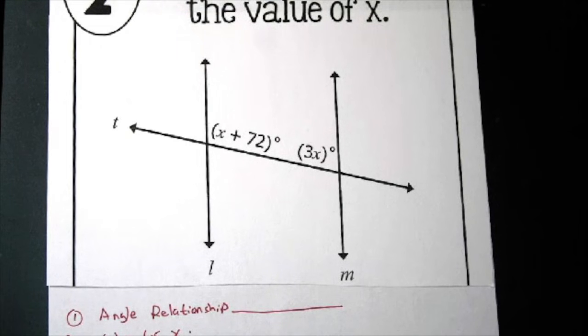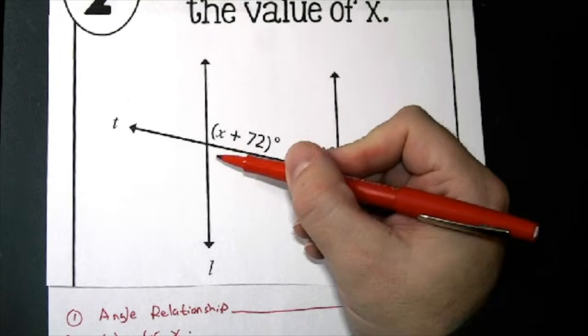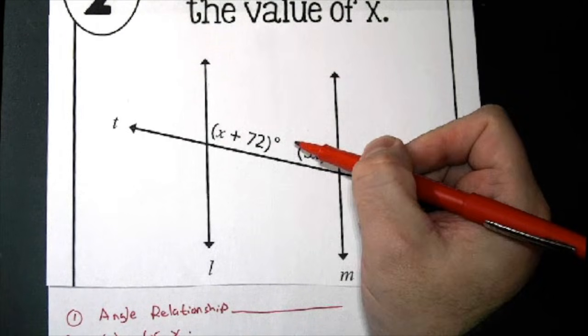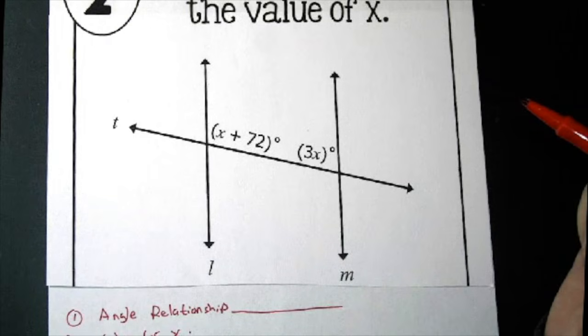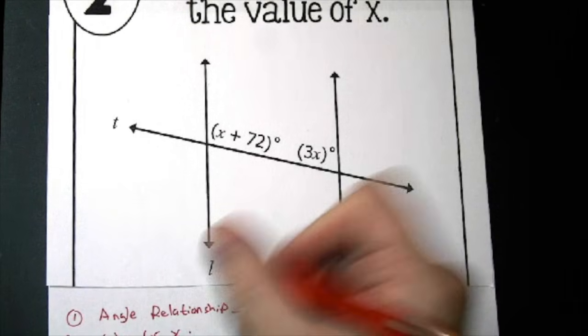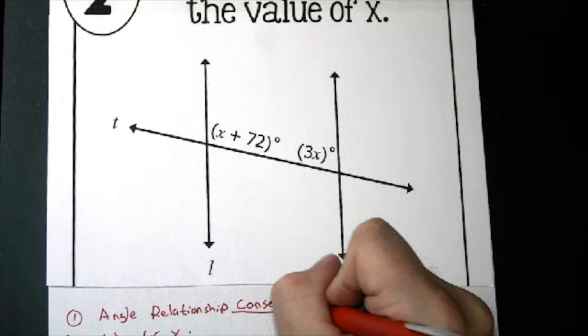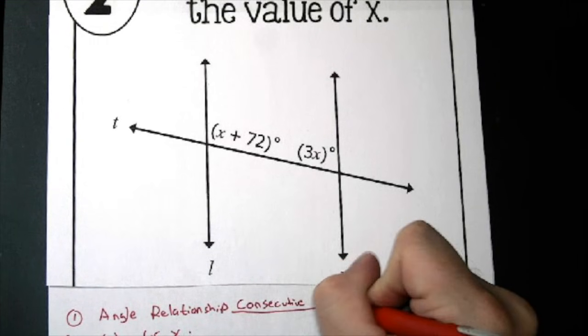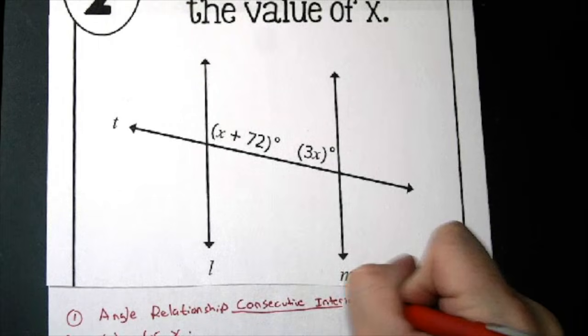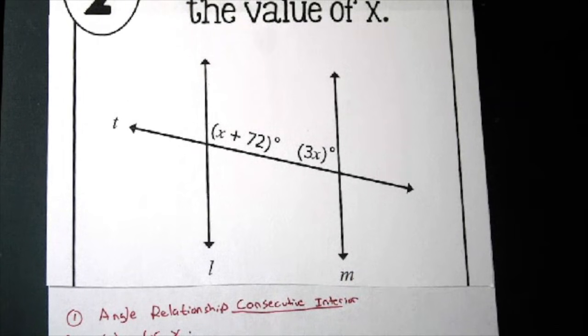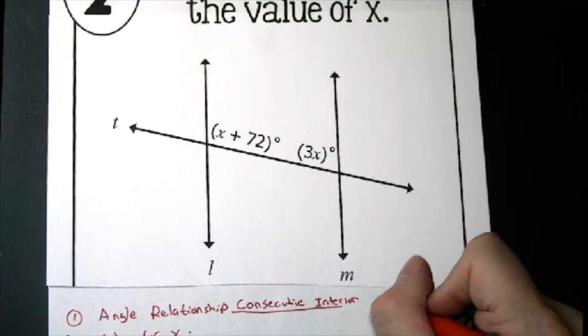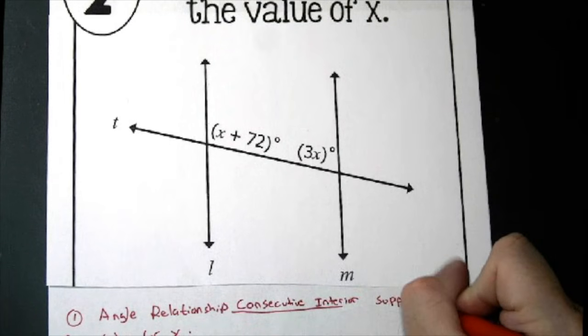Alright, so looking at this problem, my angles that I'm solving for are here and here. So to solve for x, we're going to use the angle relationship of consecutive interior angles. And I know that consecutive interior angles are supplementary.